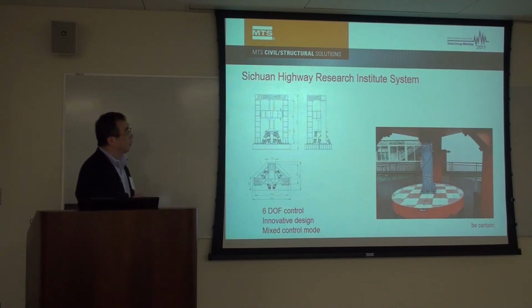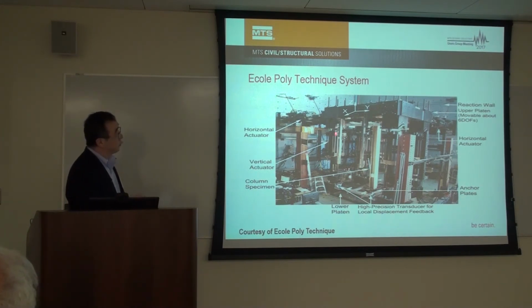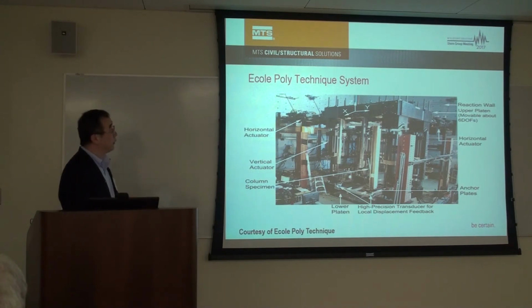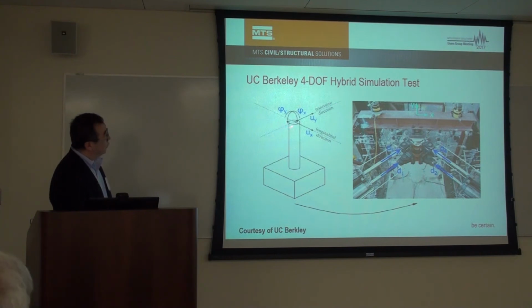So this is a degree of freedom control example. And this is the Polytechnic University 6 degree of freedom control loading system. Later on, Martin will give a presentation about hybrid test using this system. And this is a 4 DOF control system.